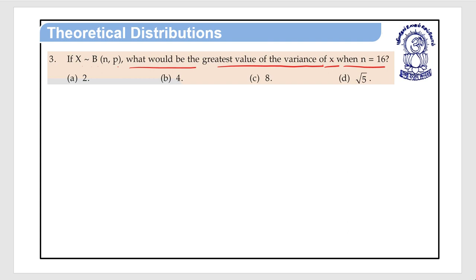Here we have to find out the greatest value of variance. First, what is the formula of variance? Variance is equal to NPQ. Standard deviation is equal to under root NPQ.